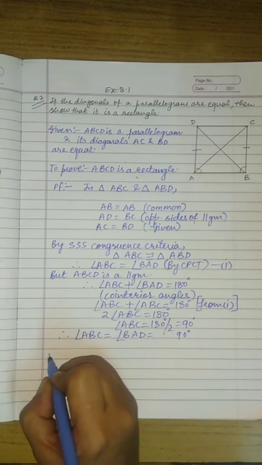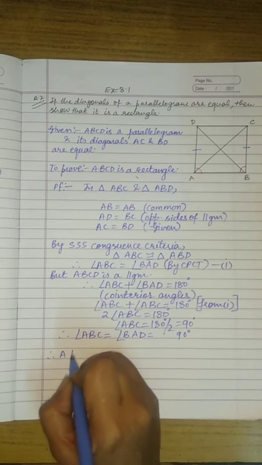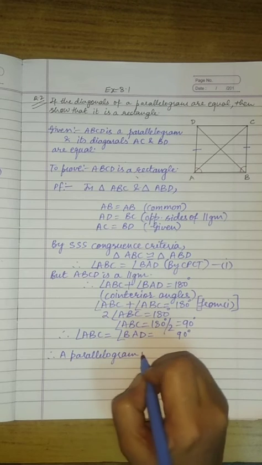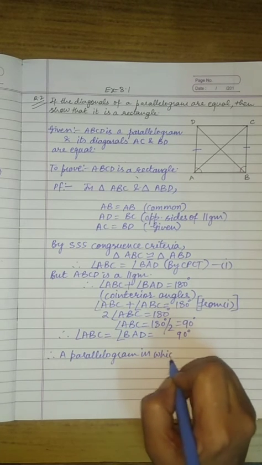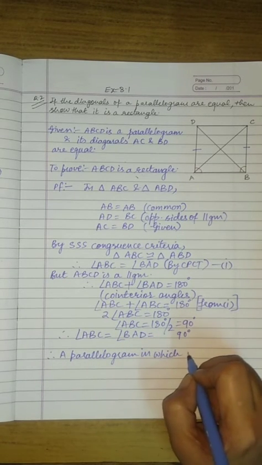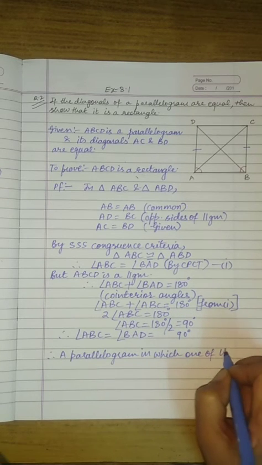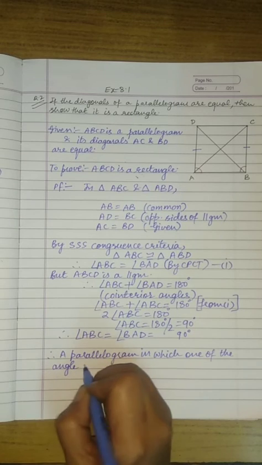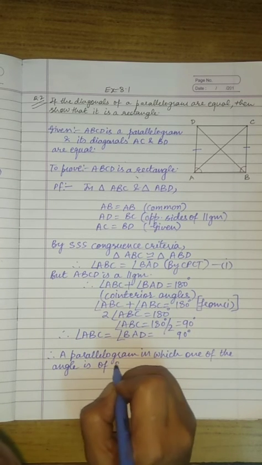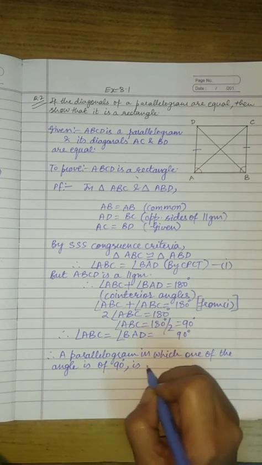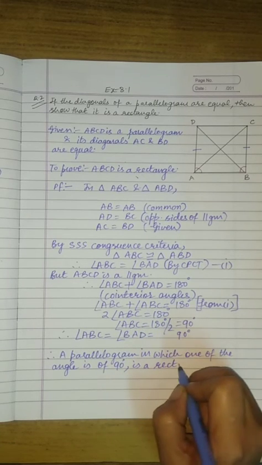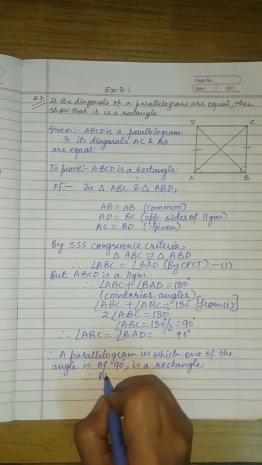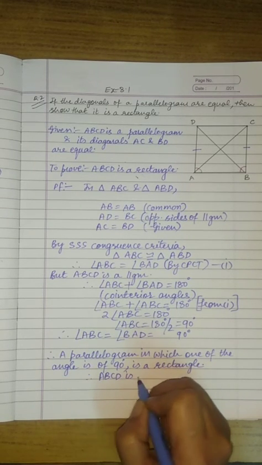So we will write, therefore, a parallelogram in which one of the angles is 90 degree is a rectangle. Therefore, ABCD is a rectangle.